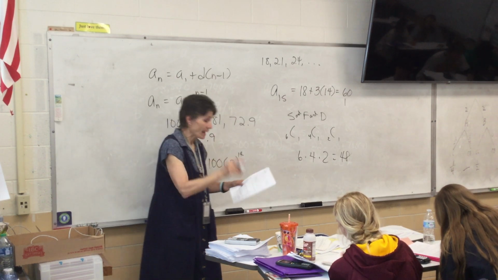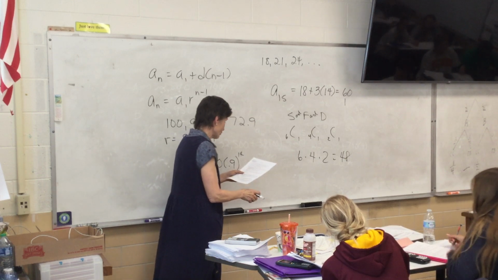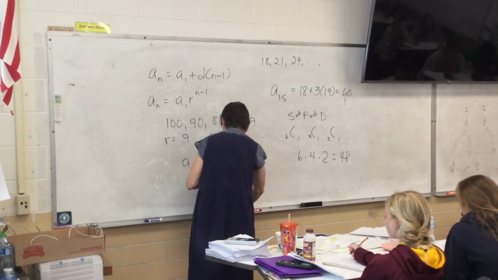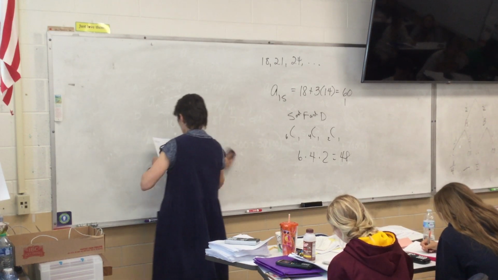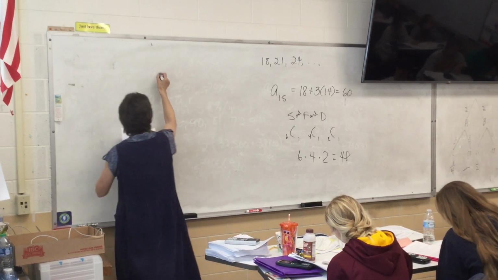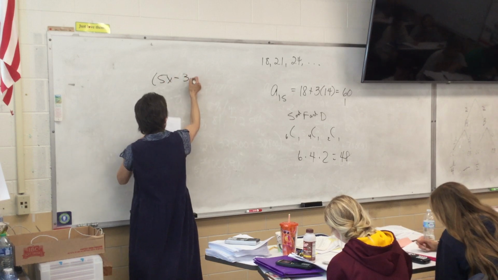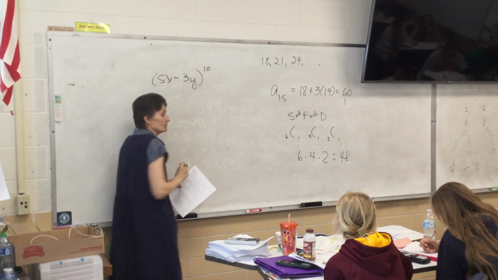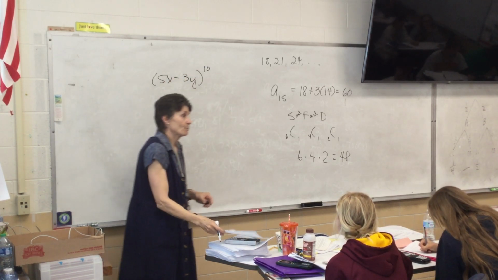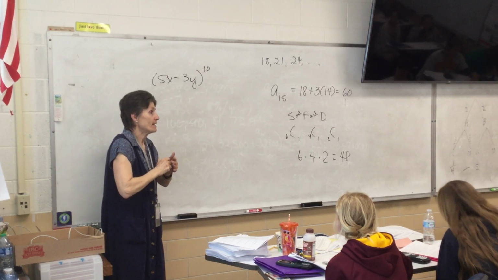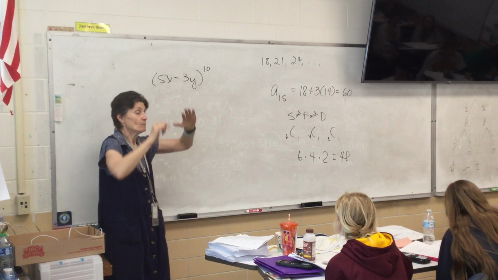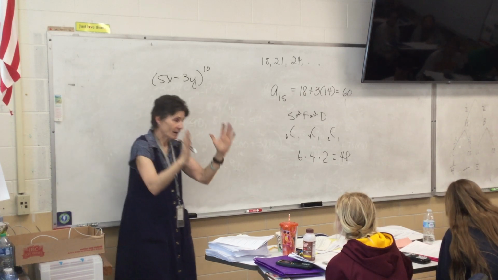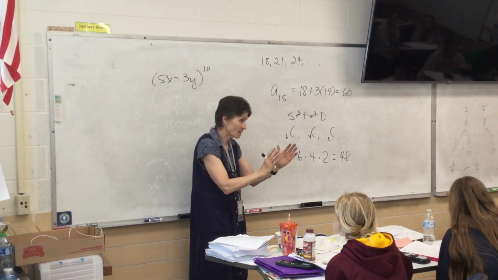Which one? 8. Find the third, that should say term, not team, sorry about that. Find the third term of (5x minus 3y) to the 10. Now, you all know that if we multiplied this thing to the 10th power, we could do it by hand. 5x minus 3y times 5x minus 3y.